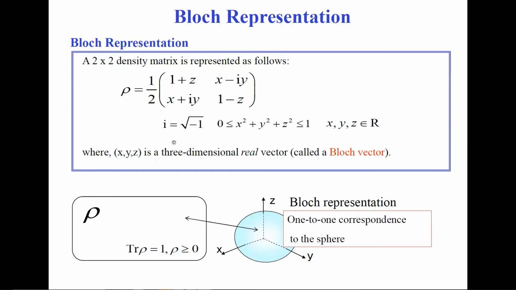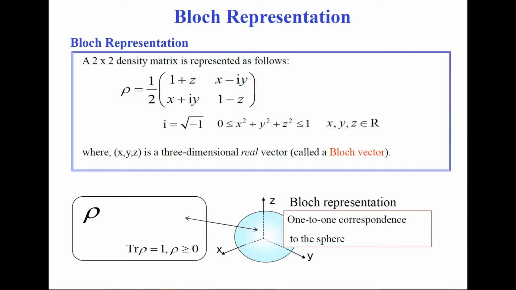So we can see it satisfies trace 1 and Hermitian. And if you calculate the determinant of rho, then we obtain this condition. This condition is equivalent to the positive semi-definiteness of the matrix rho.